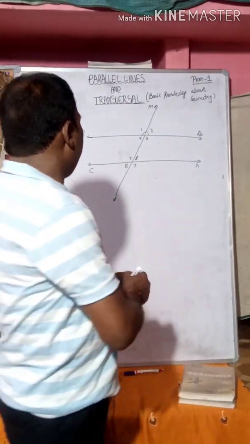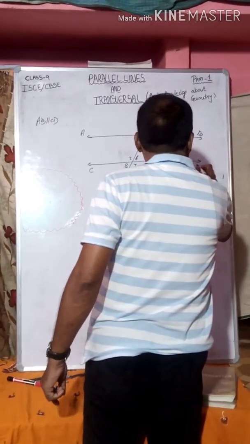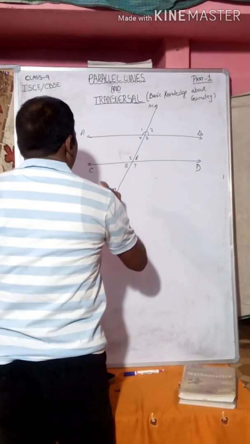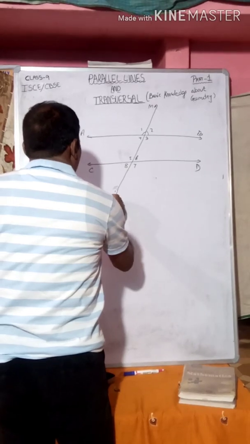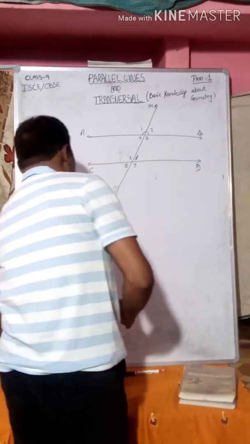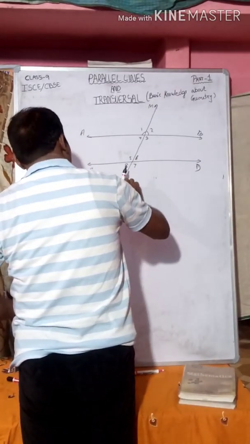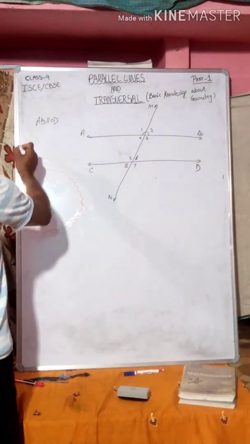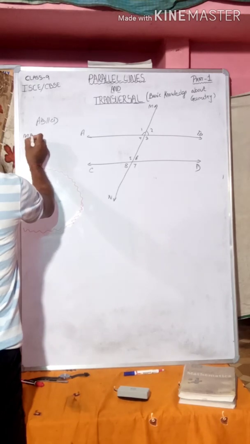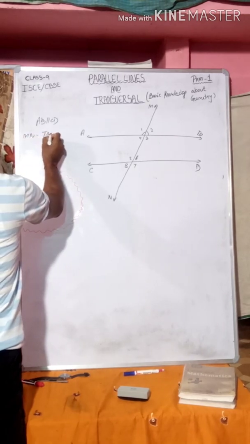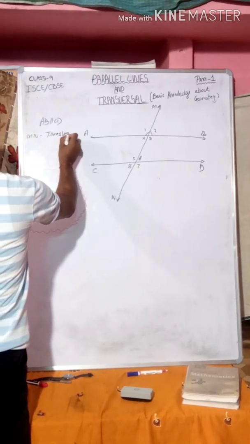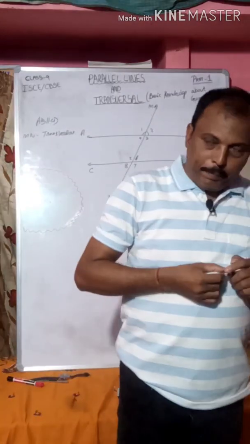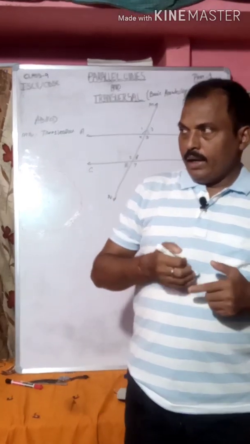Now AB and CD are parallel lines, and MN is a transversal. AB parallel to CD and MN is a transversal. Look, what are parallel lines and a transversal?